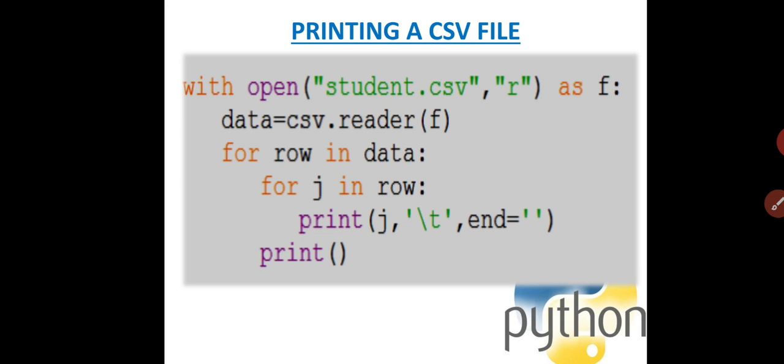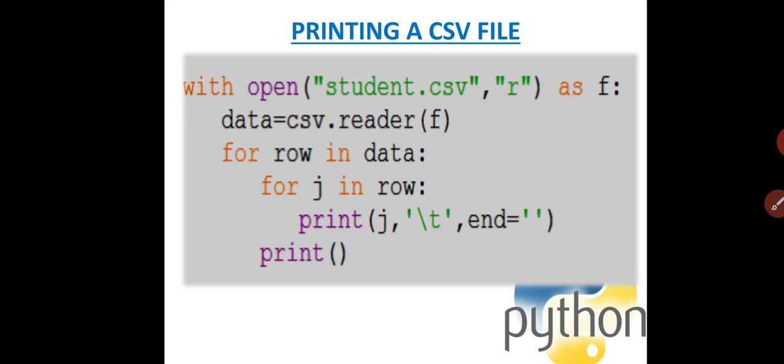Thereafter I have run another nested loop, for j in row. The j loop will run over the row elements. If the row has columns admission number, name, marks and class, then for j in row, the j variable will have admission number first, then name, then marks, then class. For printing those values I have used print j.